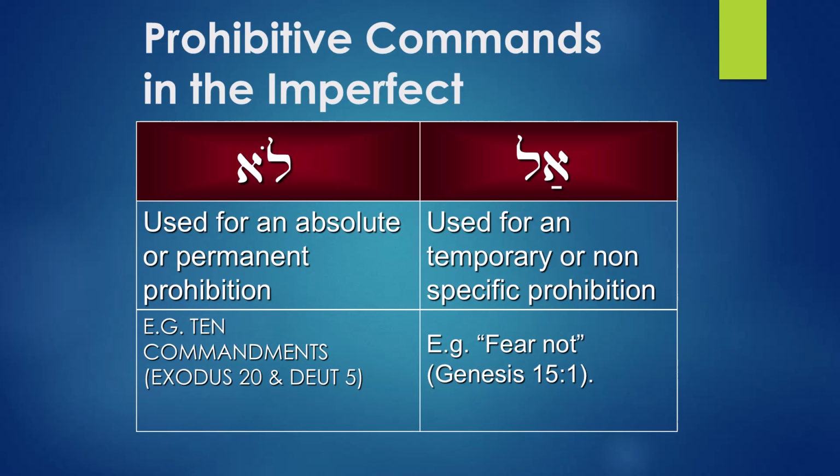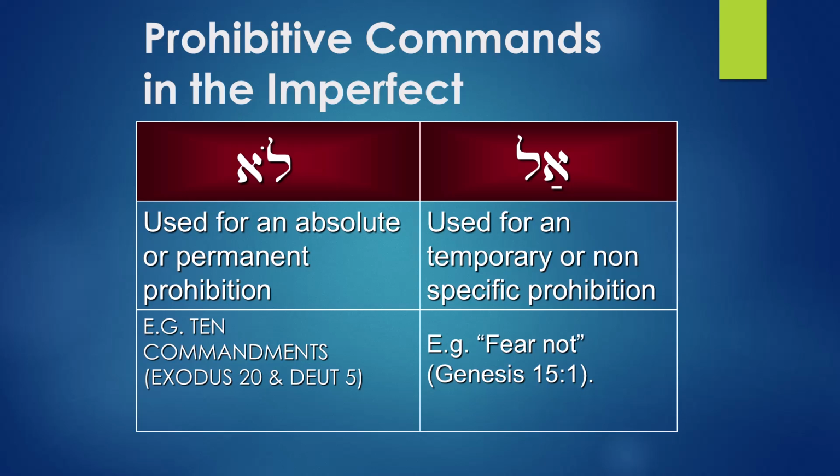Remember, al and lo, both of them mean do not. Both of them are translated as do not or not. But how they are used, their function in a sentence when they are next to an imperfect verb, is different. And this is very important in exegesis. When exegeting a passage and you see al or lo next to the imperfect tense, that is telling you something.